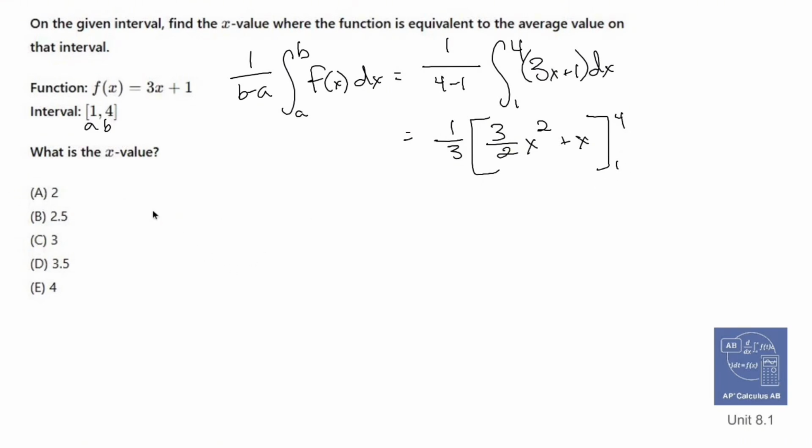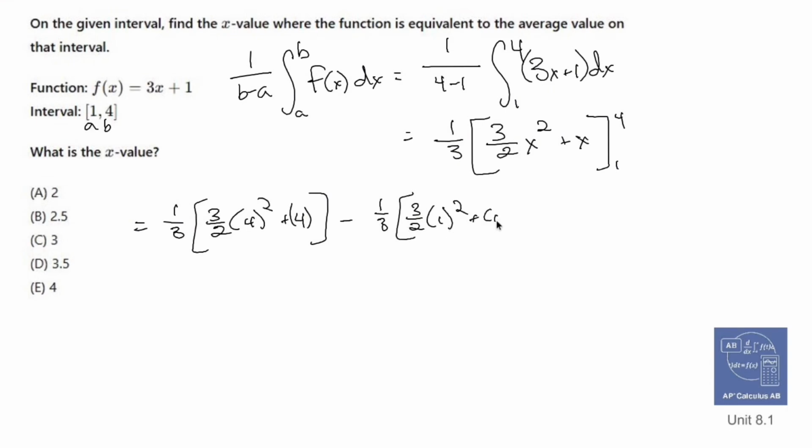All right, so let's scooch that over here where I'm going to need this space because this is not going to be that much fun. Well, it won't be that bad. Maybe. 1/3, 3 halves, 4 squared plus 4. That's the one part. And then we're going to subtract 1/3, 3/2, 1 squared plus 1. So we're doing the whole integration thing.